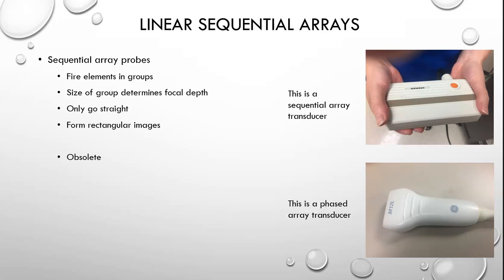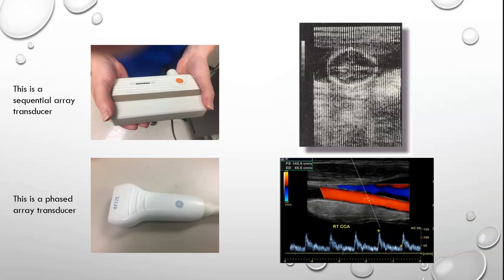It is really the only transducer you need to know about. But this is a sequential array transducer. This is the type of image it made. If you're seeing that in clinicals, give me a call. I want to go visit that clinical site. This is a phased array transducer. This is the type of image you would see with a phased array transducer. If you're not seeing this type of image in clinicals, then I would be very surprised.